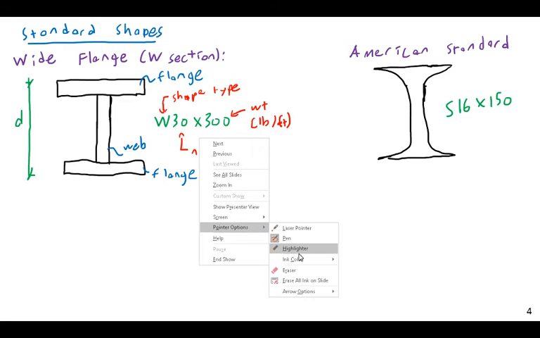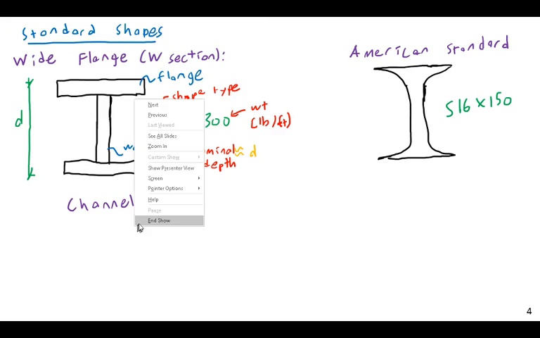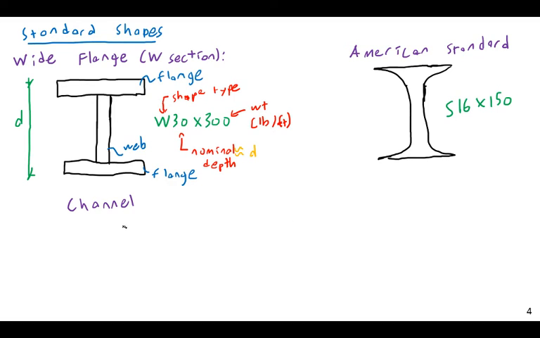We can also have C channels, or just channels. So we can have a channel, which can be thought of as also a rolled shape, but it almost looks like just a single plate bent, but it's a rolled shape as well.